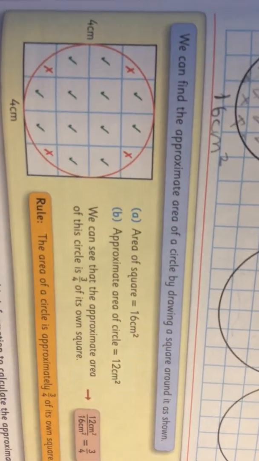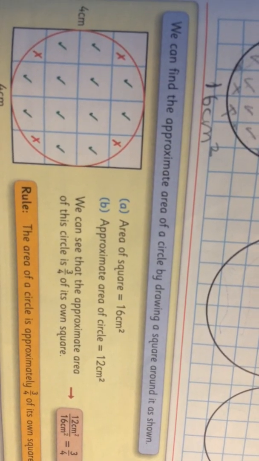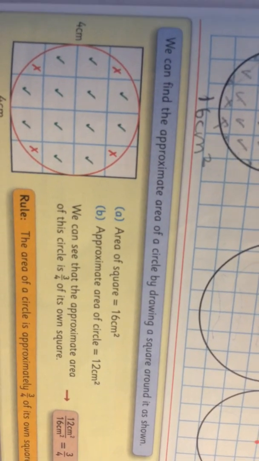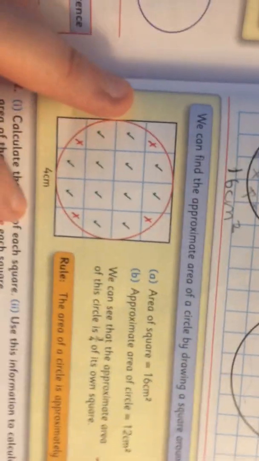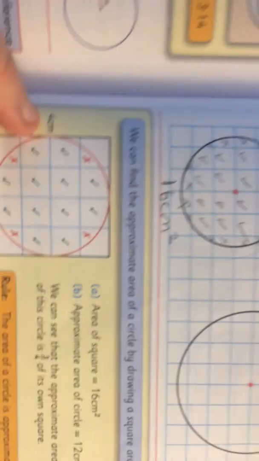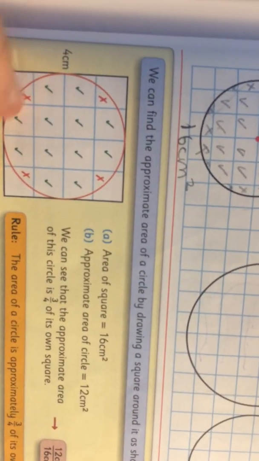So the area of the square is 16 centimetres squared. The approximate area of the circle is 12 centimetres squared. So we can see that the approximate area of a circle is 3/4 of its own square. In other words, if you draw a square around a circle, find its area, and then find 3/4 of that number, that'll give you the area of that circle, okay?